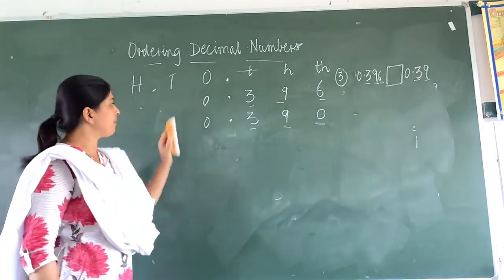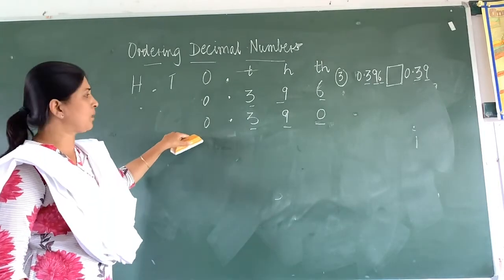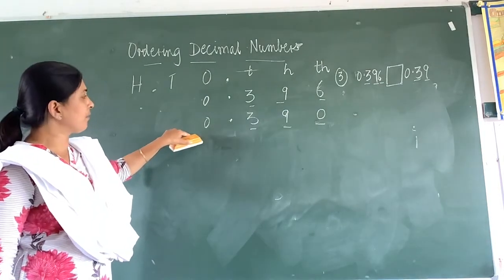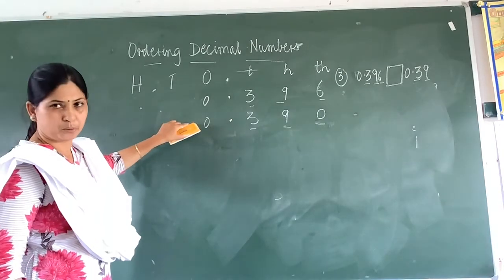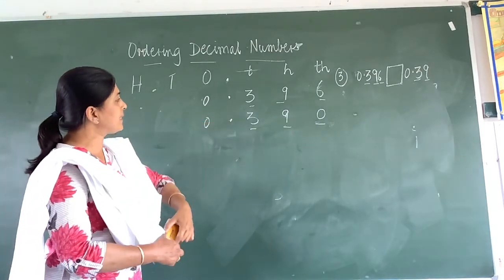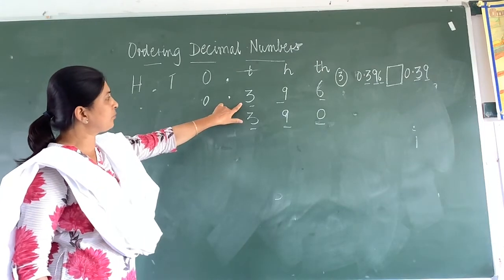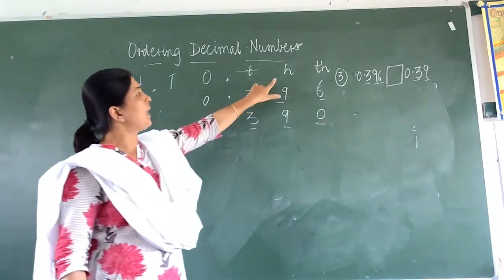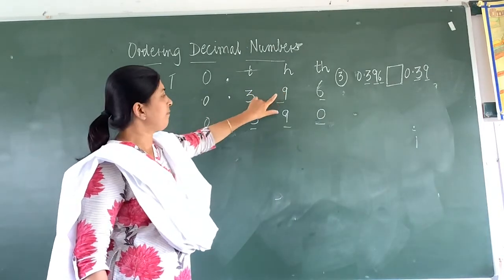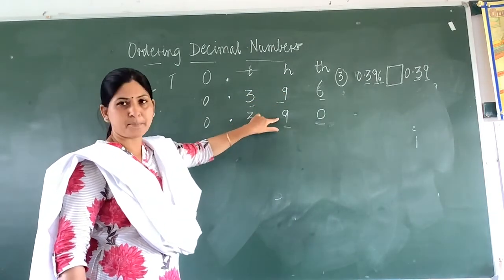Now we will compare the whole number part to see which one is greater. In the whole number part, we have 0 in both the numbers. In tens place, we have 3 here and 3 here. In hundreds place, we have 9 in both the numbers.